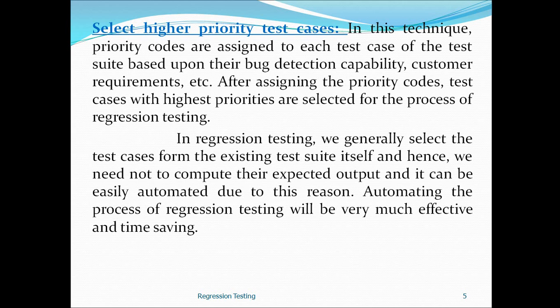And the last one, in the regression test, we generally select the test cases from the existing test suite itself, and hence we need not compute their expected output, and it can be easily automated. Due to this reason, automating the process of the regression test will be very effective and time saving.